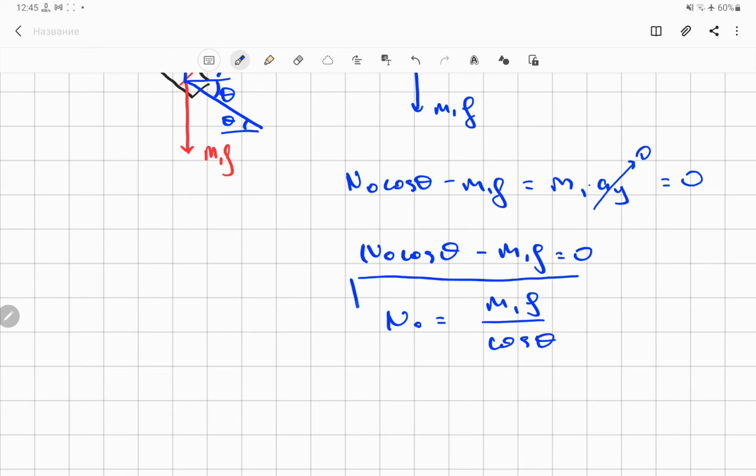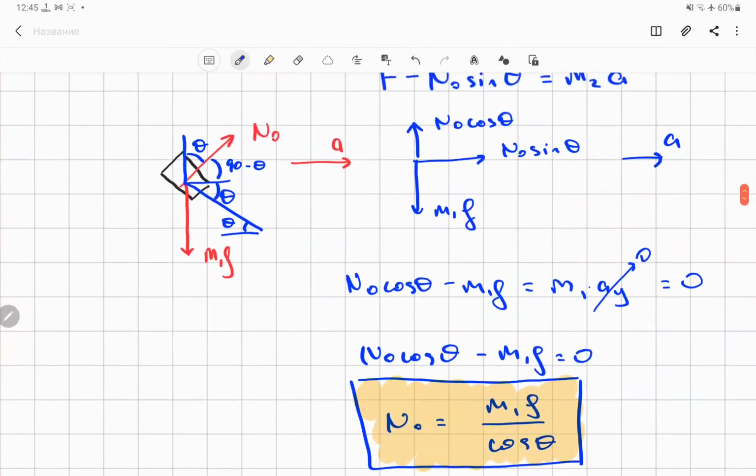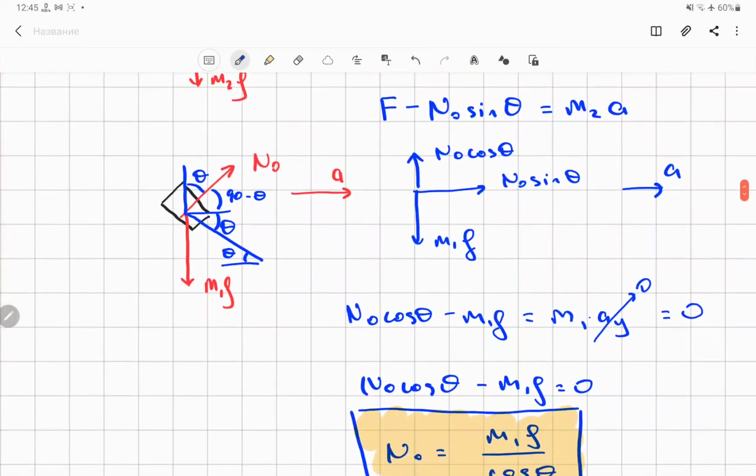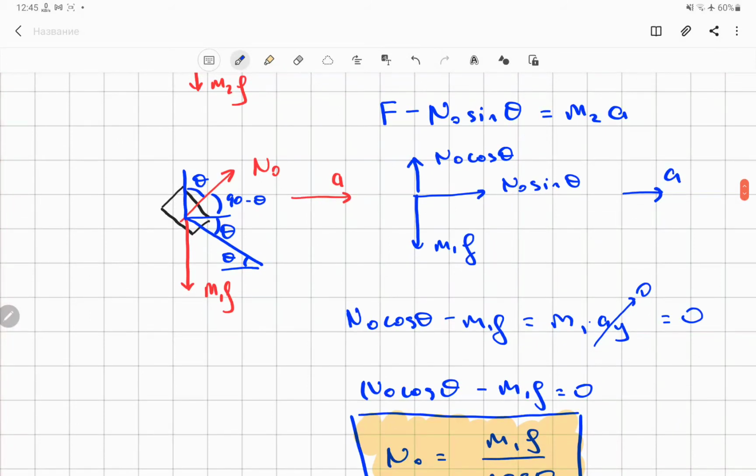This part is very important. Now we know the value for N0. And we can write Newton's second law in horizontal direction also.